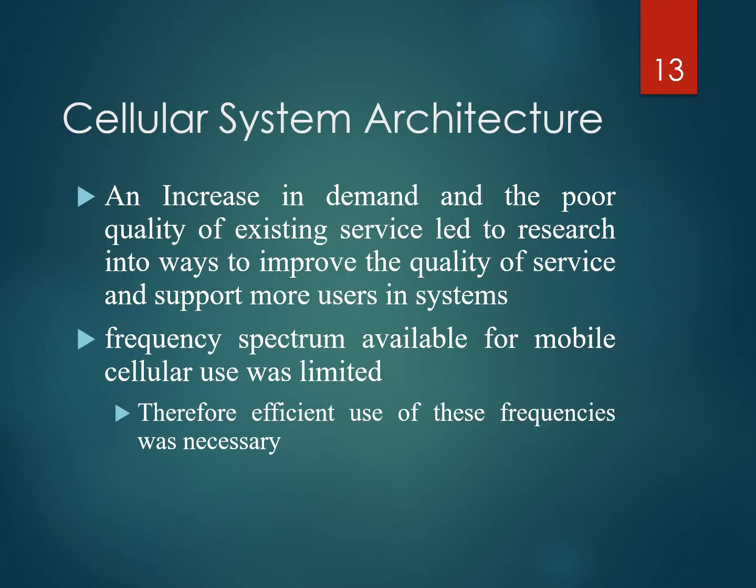Cellular system architecture. An increase in demand and poor quality of existing service led to research into ways to improve the quality of service and support more users in the system. The frequency spectrum available for mobile cellular was limited. Therefore, efficient use of these frequencies was necessary. For example, the radio frequency range is from 850 megahertz to some tens of gigahertz, which is utilized for mobile communication throughout the world.